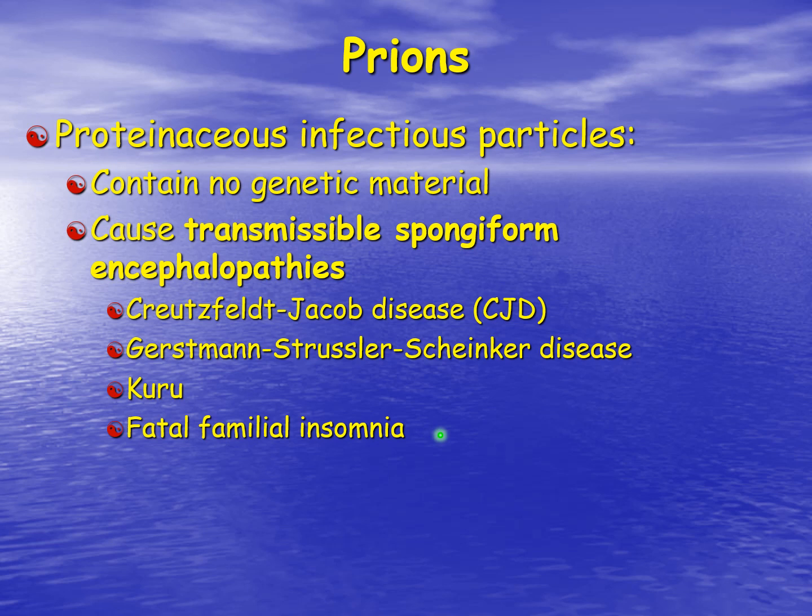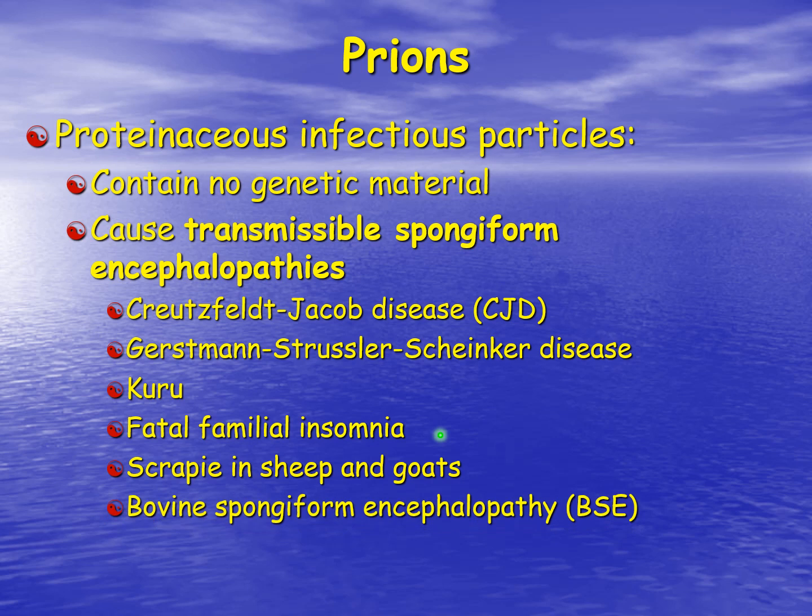And I think that would be one of the worst ways in the world to actually die, just because you cannot sleep. We also know that prion diseases cause scrapie in sheep and goats, and bovine spongiform encephalopathy in cattle, and perhaps grass sickness in horses. And these all may be a related type of disease. We're not exactly sure, but we do know they're all prion diseases.